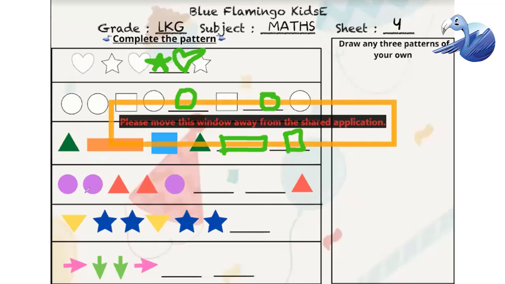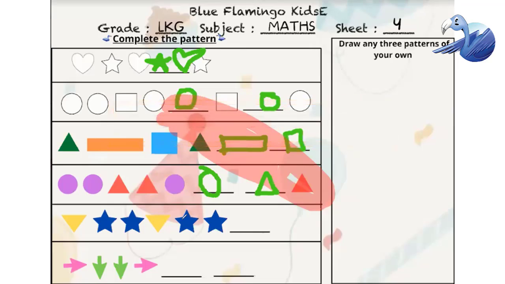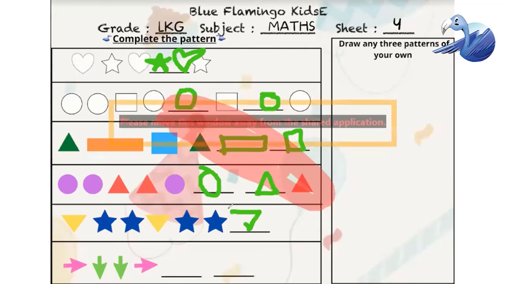Now 2 circles are here, then 2 triangles, then again 2 circles and 2 triangles. Okay. Now here triangle, 2 stars, 1 triangle, 2 stars, 1 triangle, 2 stars, again 1 triangle.